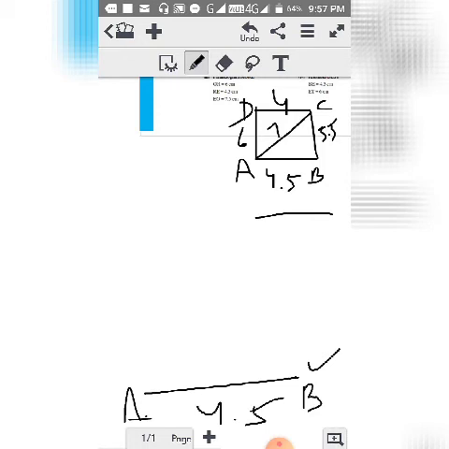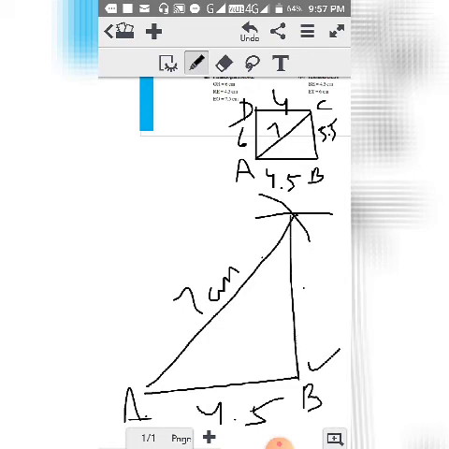Now put the compass at point A, and from point A you will draw an arc of 7 centimeter, and then using a scale you will draw a line, and this is 7 centimeter, and then join BC. So your figure is coming just like your rough figure.